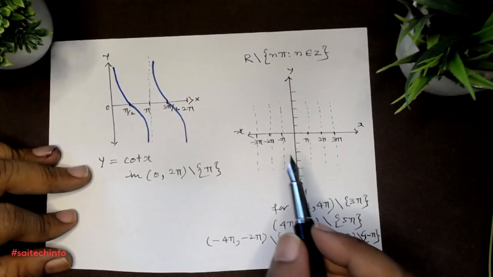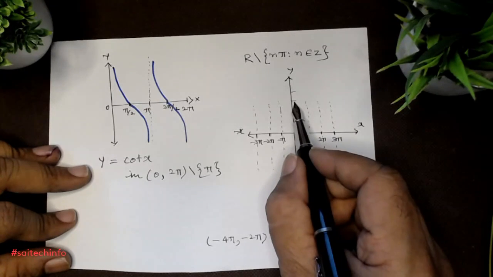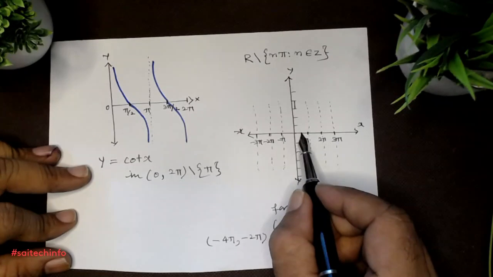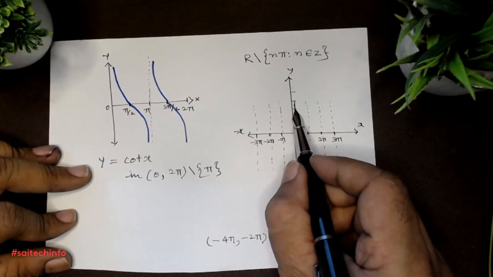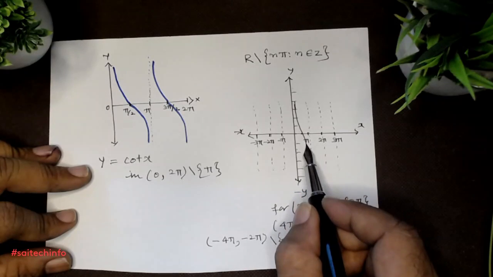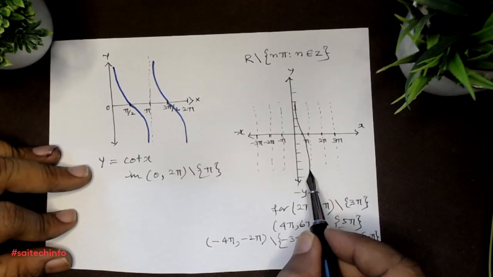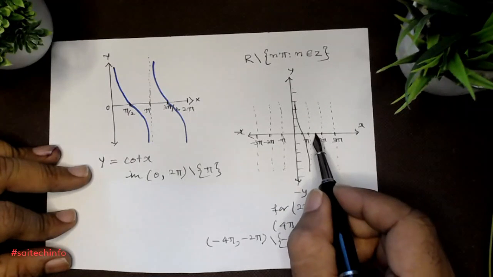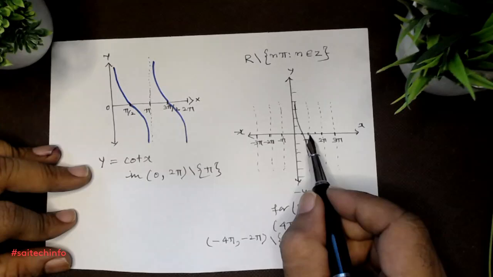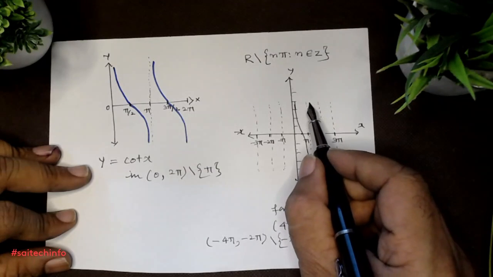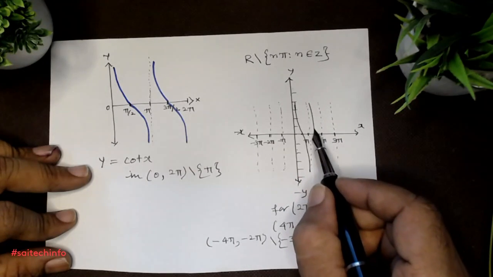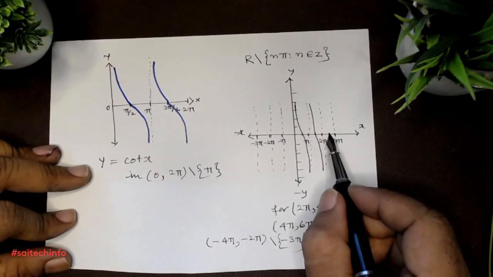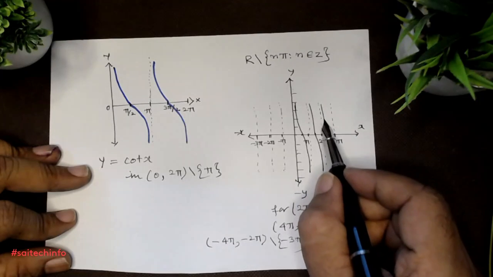Okay, so let us draw it carefully. You can draw, and it should cross at pi by 2. Right, and similarly here it crosses in between pi and 2 pi, and in between 2 pi and 3 pi.